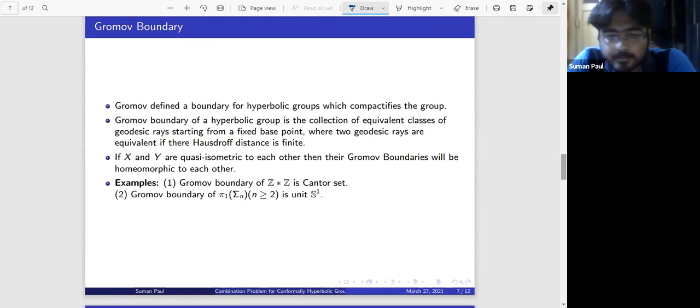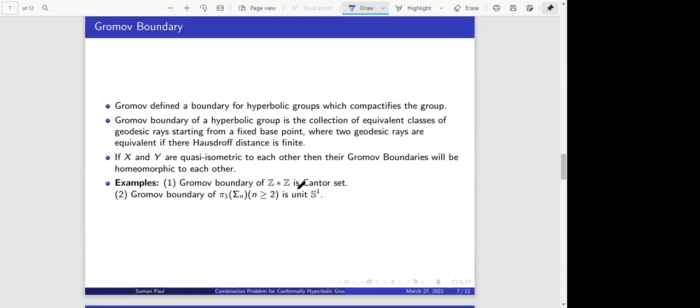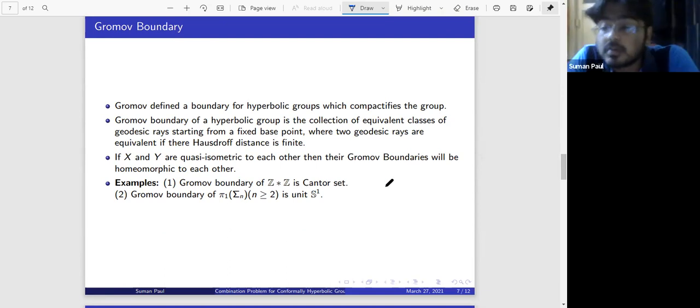Okay. Can we give an example where the Gromov boundaries are homeomorphic, but the spaces are not quasi-isometric? No. I've said that for hyperbolic groups, if they are quasi-isometric, then the Gromov boundaries will be homeomorphic.